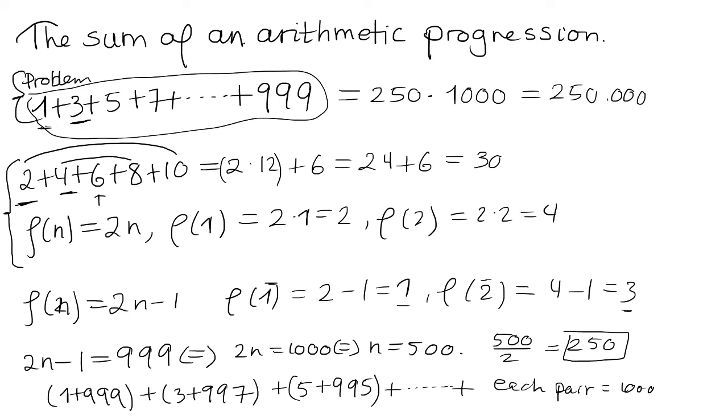So the sum of the arithmetic progression 1 plus 3 plus 5 plus 7 plus ... plus 999 is simply equal to 250 multiplied by 1000, which equals 250,000.